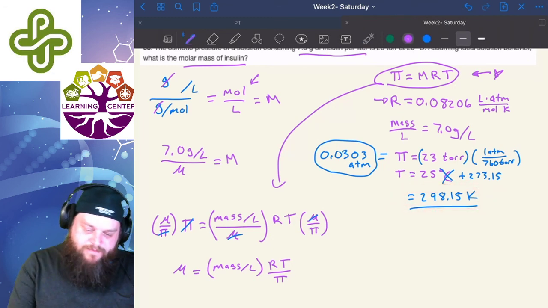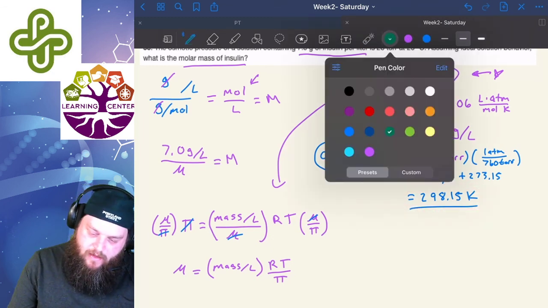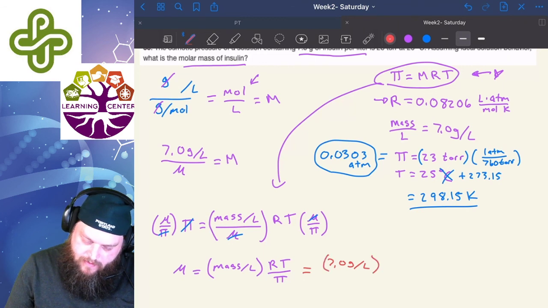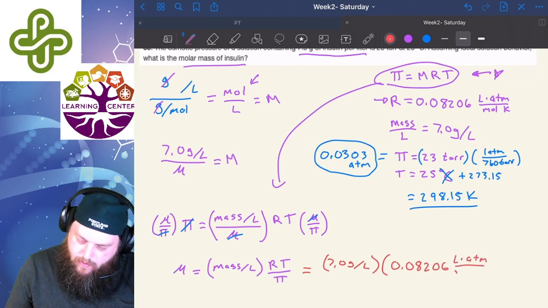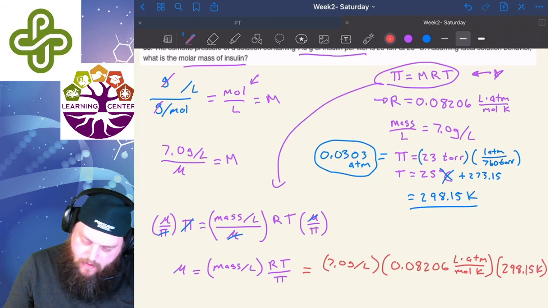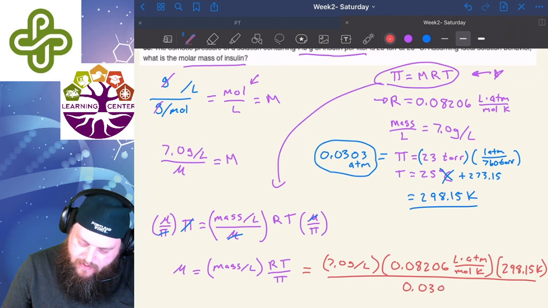We're good. So that's just going to be 7.0 grams per liter times 0.08206 liters times atmosphere per mole Kelvin. We're going to multiply that times 298.15 Kelvin, and then divide basically the lot by 0.0303 atmosphere.